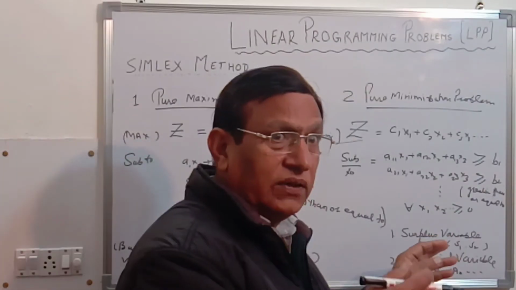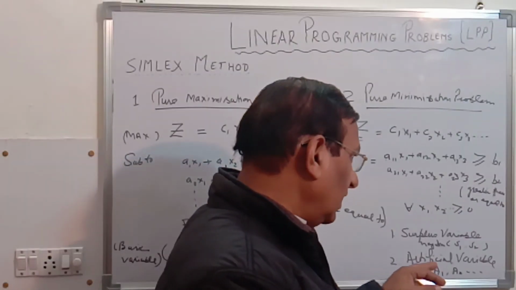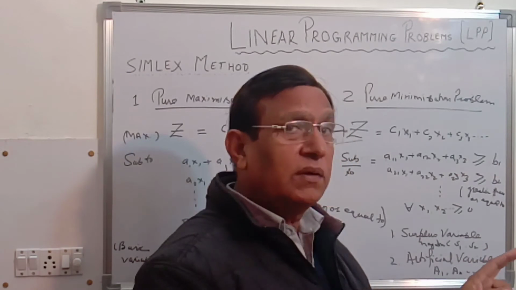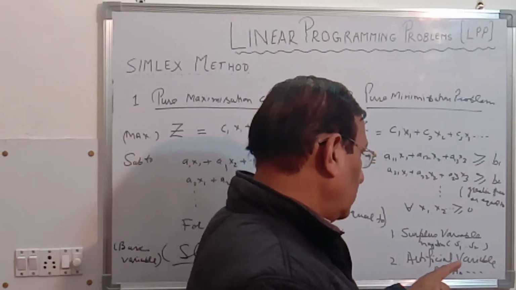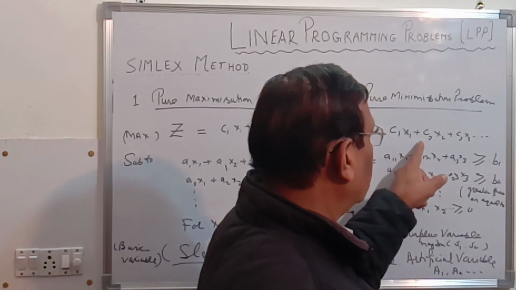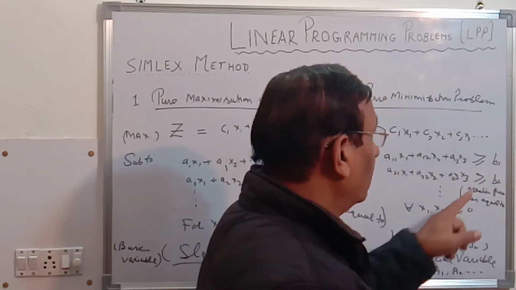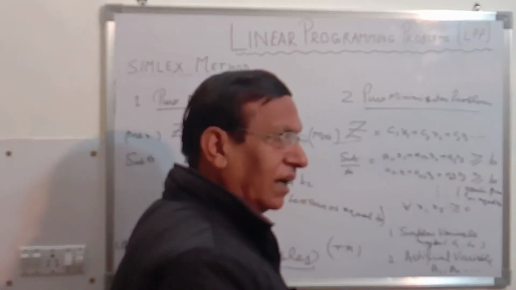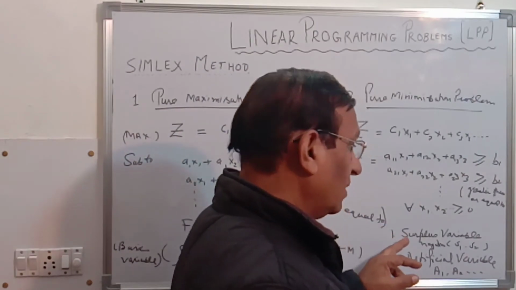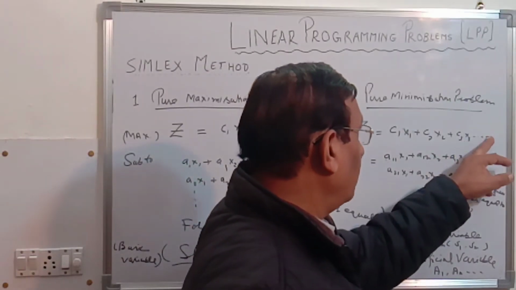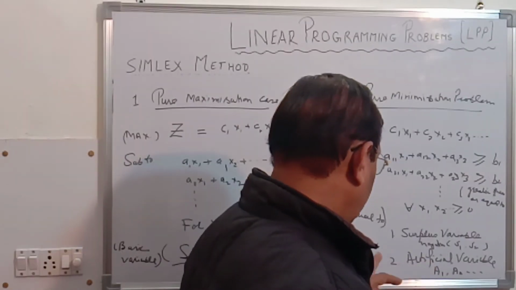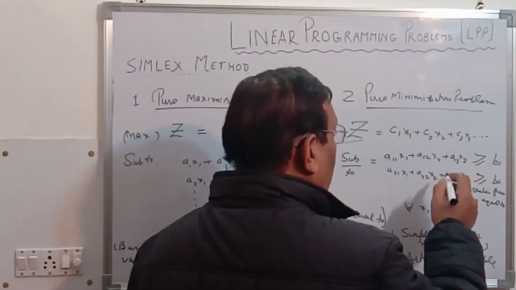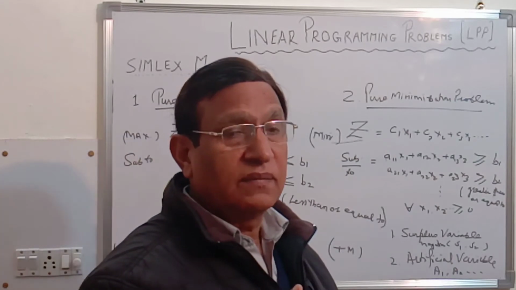Because in order to nullify the negativity, we take artificial variable. Artificial variables are used along with the surplus variable. So artificial variables are added into the objective function with plus M, M A1 plus M A2, and added into the constraints with one coefficient, positive 1.